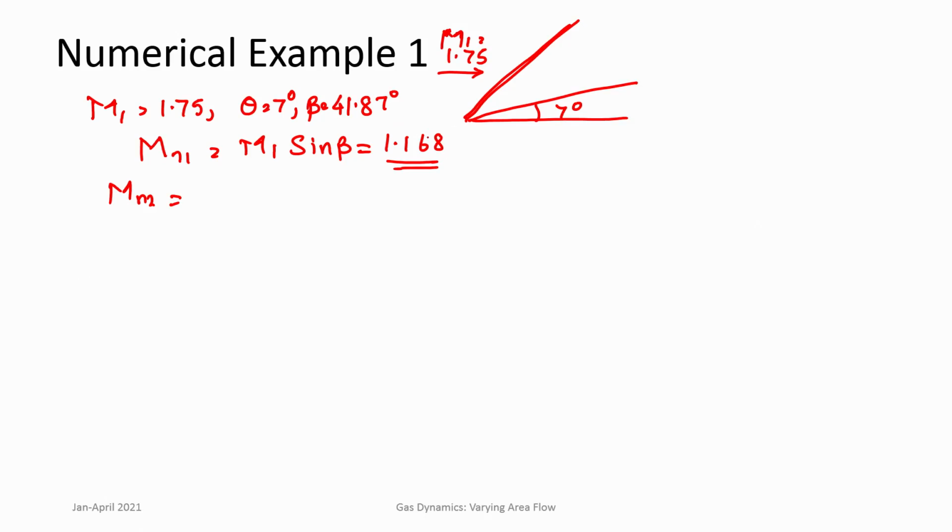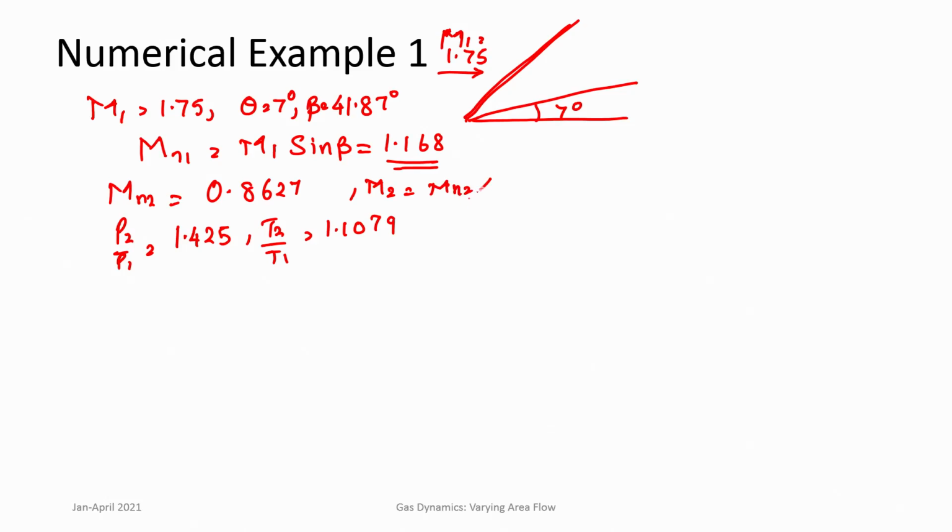Substituting the normal Mach number, it is 0.8627. P2 by P1 is then 1.425 and T2 by T1 is 1.1079. And M2 is Mn2 divided by sin of beta minus theta. If you do this, you get M2 as 1.5.